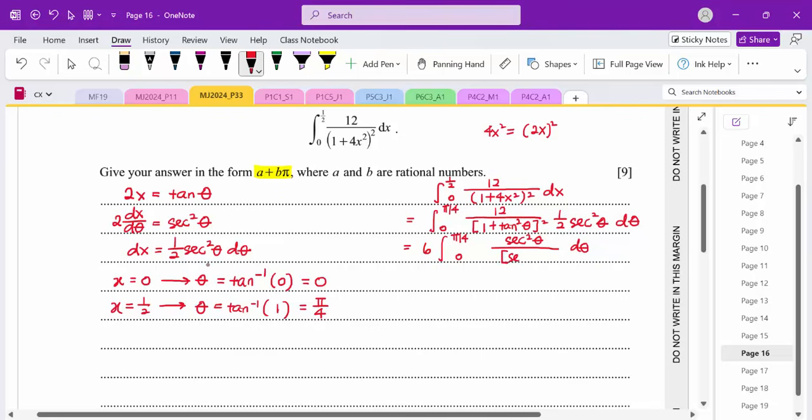So I'm having secant squared theta squared at the bottom. So my equation now looks slightly simpler. And then secant squared theta on top can simplify with the square at the bottom. Therefore, you are having 1 over secant squared.